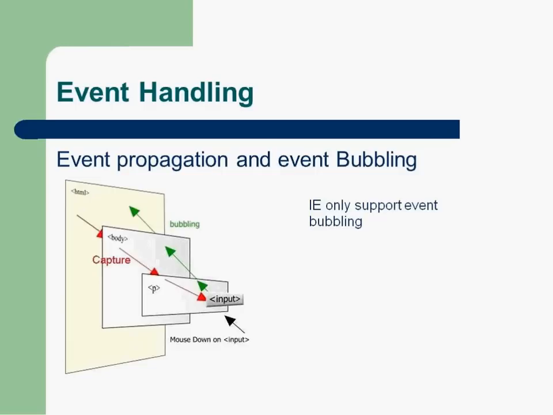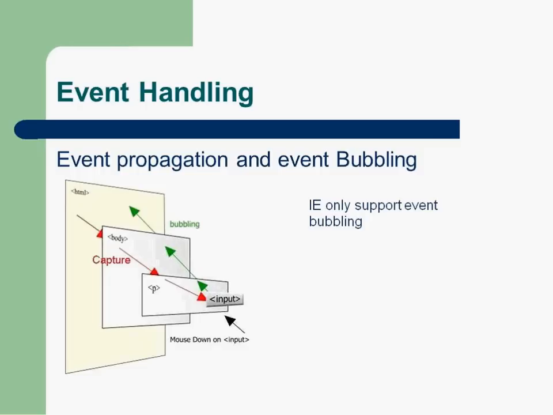Bubbling phase means this: go back to the picture. The bubbling phase is the green line, when the event is going back to the topmost element. It's a little bit confusing. Suppose someone has clicked on the button. What the browser checks is whether there is some capture phase event on the HTML element.